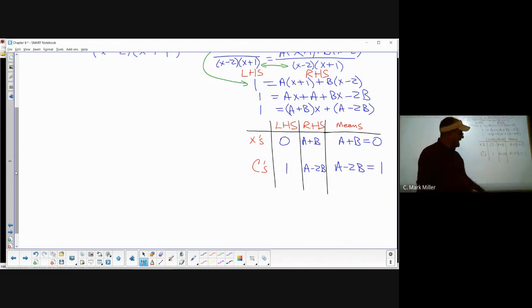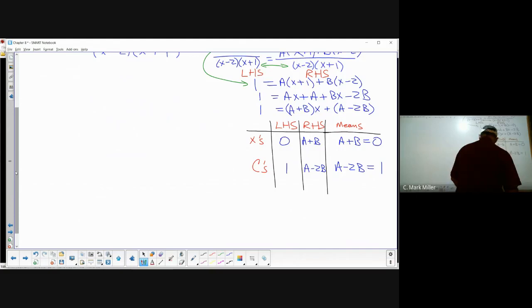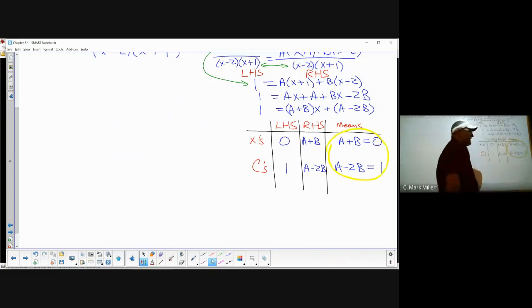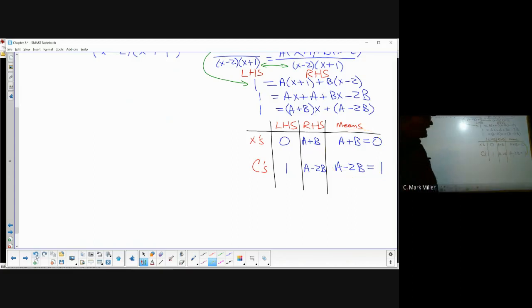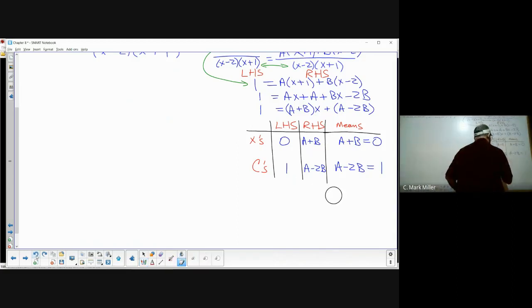The constants on the left, 1, has to equal the constants on the right. So here, we have a simple system of 2 equations and 2 unknowns. And so we can solve that for A and B.